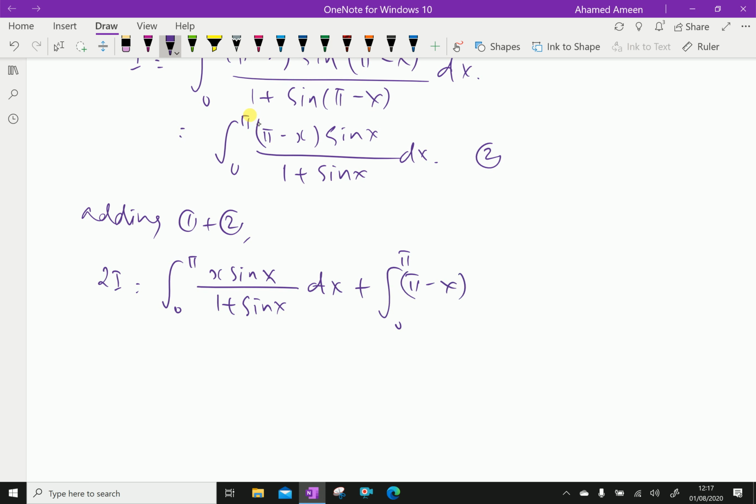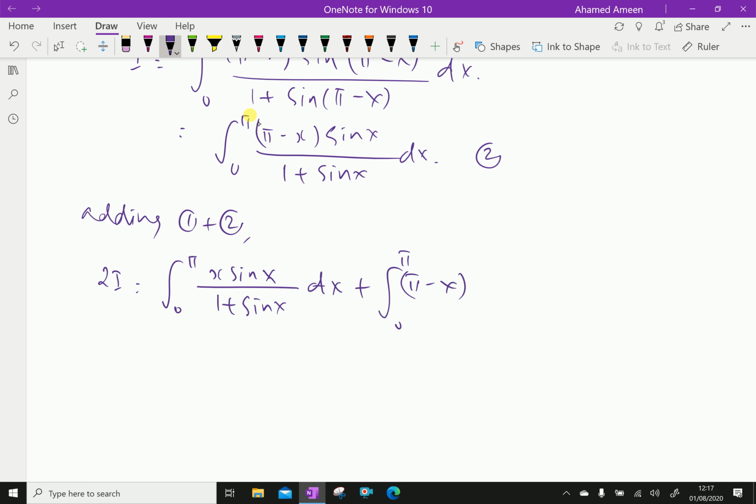Which is equal to integral 0 to pi, common denominator is 1 plus sin x, then x sin x plus pi minus x sin x dx.